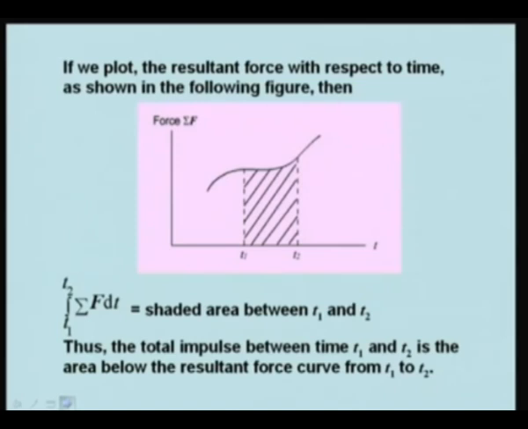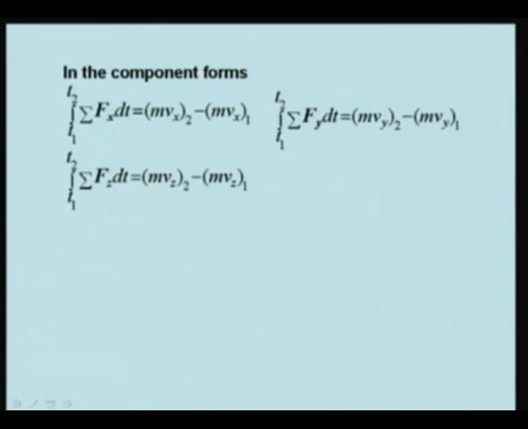If we plot the resultant force with respect to time, then the integral from t1 to t2 of sigma F dt is the shaded area between t1 and t2. If we have the three components Fx, Fy, Fz, then we can plot the Fx component with time, the Fy component with time, the Fz component with time, and we can find out the area, that is sigma Fx dt, is equal to this thing.